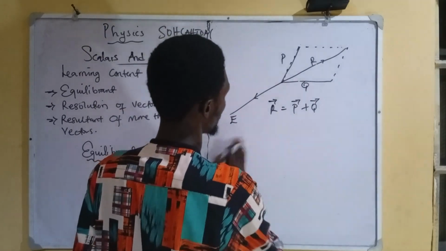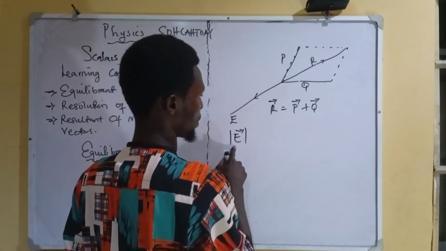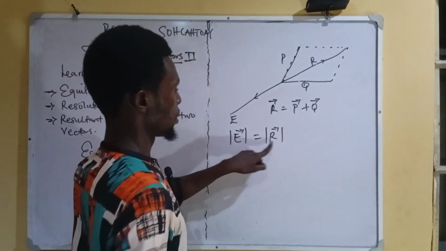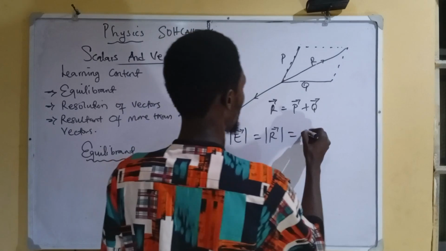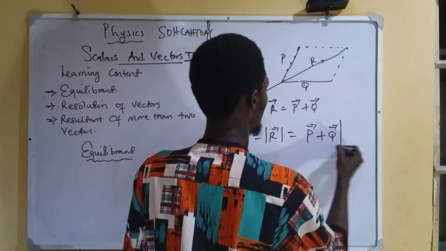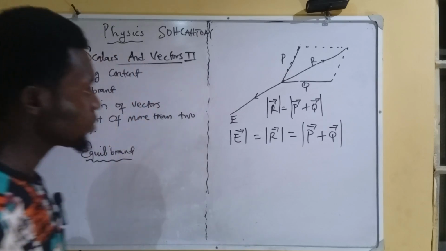The magnitude of the equilibrium force would be the same magnitude as the resultant.